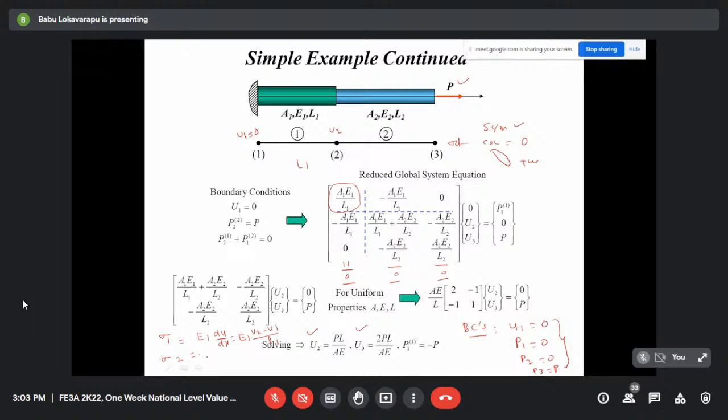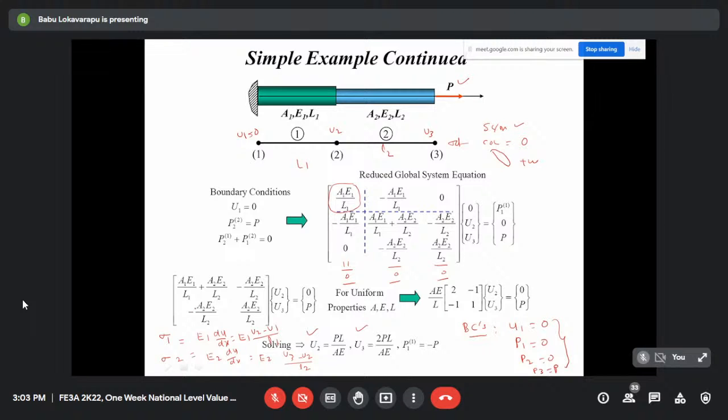Similarly, sigma 2 is E2 into du by dx. For element 2, the change in length is U3 minus U2, divided by its original length L2. That is how I have computed stress 2 also. Like that, for each and every element I can find the stress in element 1 and element 2.